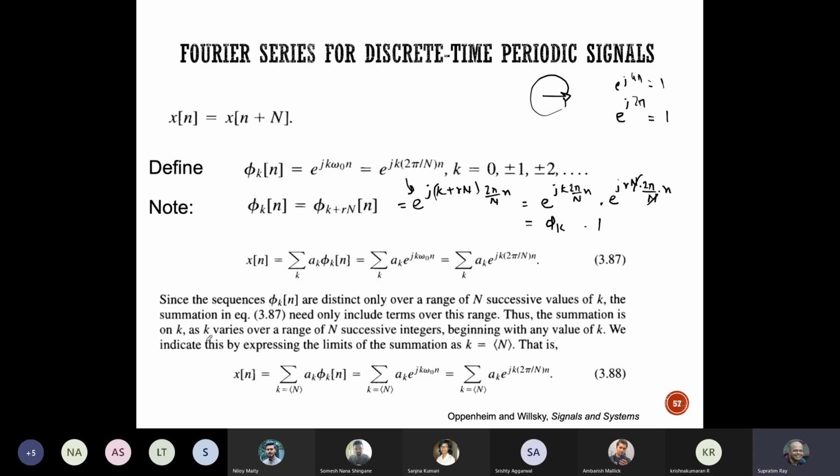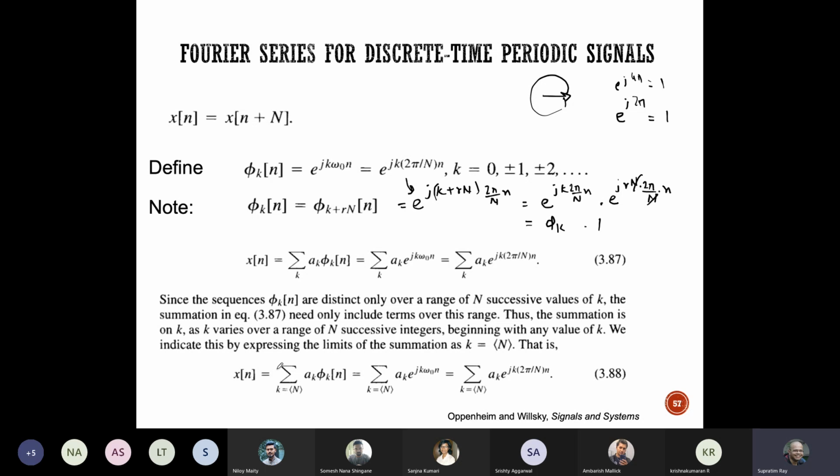Thus, the summation is on k as k varies over the range of N successive integers, beginning with any value of k. So we indicate this by expressing it like this. This means that I can represent x(n) just by summing over N distinct phi_k's, and then I'm done. So I actually need only a finite number of terms on this side as well.